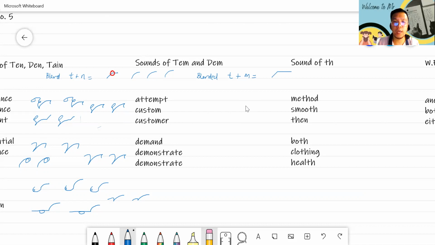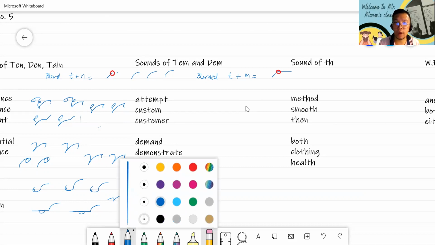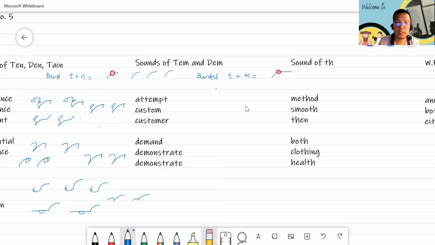Supposedly there should be an angle at the middle of it, but for us to promote the ease of writing, we are going to change it into a rounded angle. So it's just like this. Them. In comparison with the team, it's a little bit smaller.